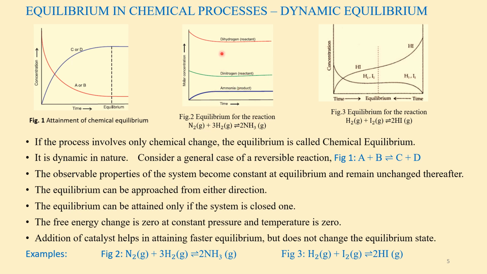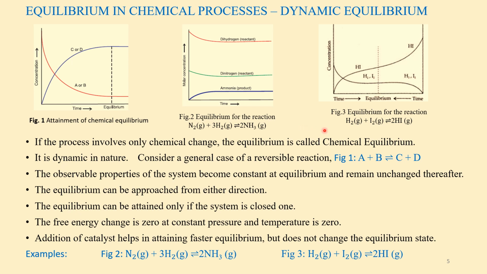The initial dihydrogen is shown above, and the other reactant is also shown here, dinitrogen. So this is N2 and this is H2. They combine to form the product ammonia as shown in the figure. Hence the respective molar concentrations are shown.